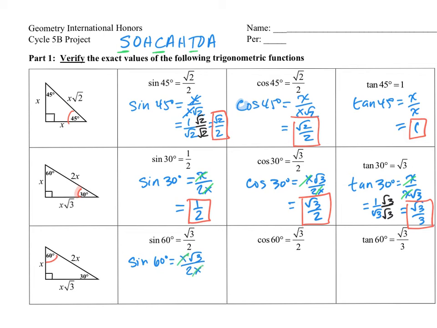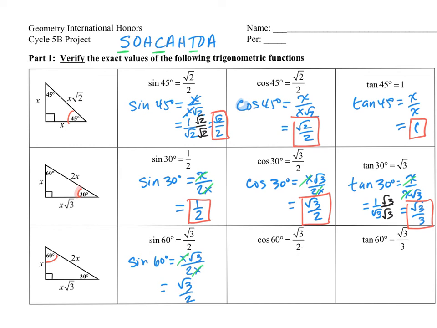So the sine of a 60-degree angle is the square root of 3 over 2. When you go to memorizing, remember that the sine of an angle is the same thing as the cosine of its complement. So once you've memorized the sine of a 60-degree angle, you will also have memorized the cosine of a 30-degree angle.